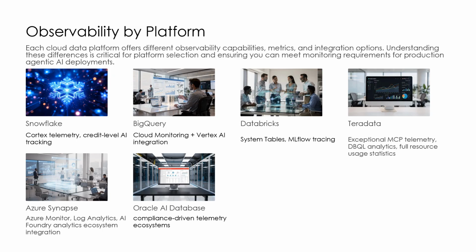For example, Snowflake provides Cortex telemetry, Databricks provides system tables and MLflow tracing data. Teradata has exceptional measurement data, including information about CPU and GPU utilization. BigQuery integrates with cloud monitoring. So platform choice directly impacts your ability to organize observability and govern agentic workloads successfully.